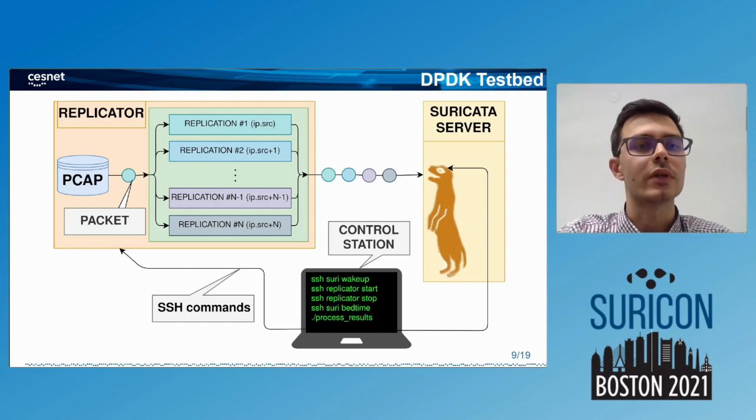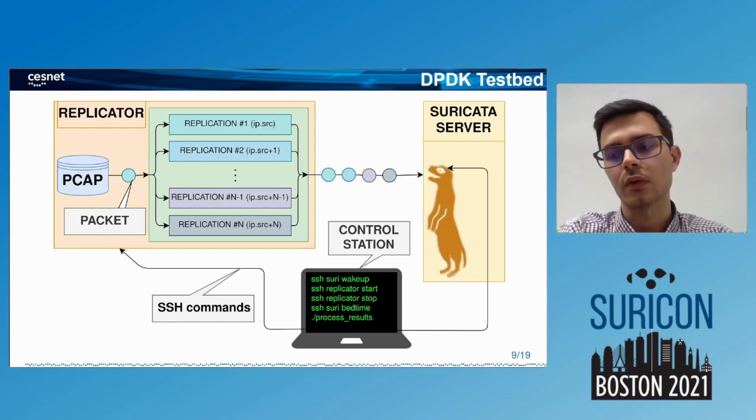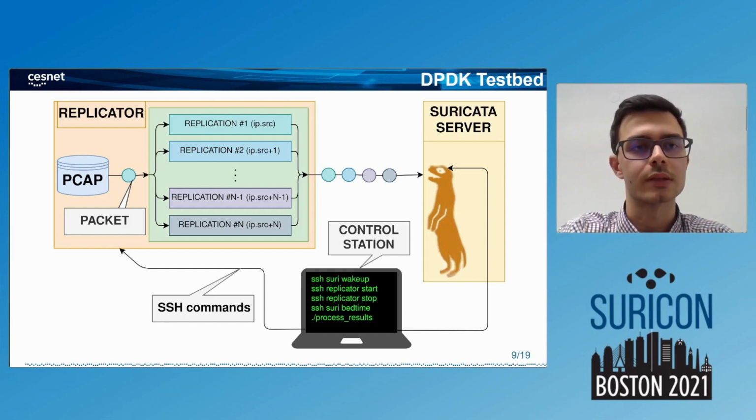The replicator server contained a PCAP that was sent over the network with a replicator card that replicated traffic from the PCAP to have more flows and bigger traffic than it was originally captured. The control station then grabbed the results from both machines and logged them into the results.